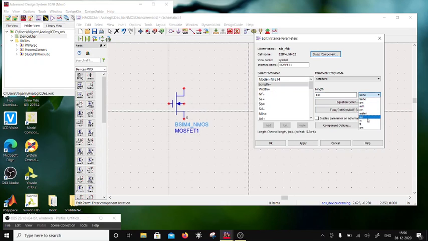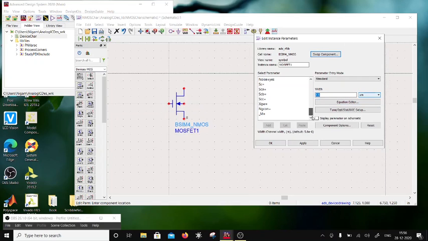It can go from 130 nanometer to 350 nanometer. As I talked about, if you change the length, you can change the output resistance. That's why I'm still going with the least one, and the width is, let's say, 2.5 micron per finger. So if there are 2 fingers with a multiplicity of 2, there are 2 fingers.